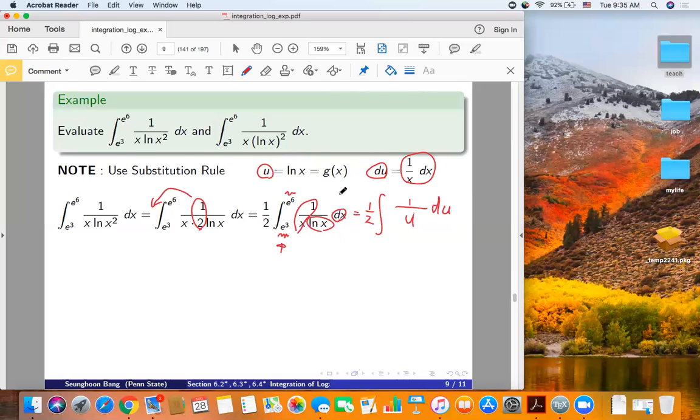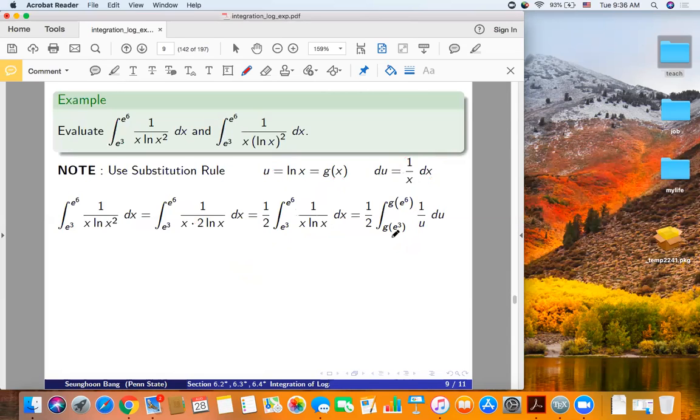You plug e cube into g, so we have g of e cube. You plug e to the 6 in again, so we have g of e to the 6.